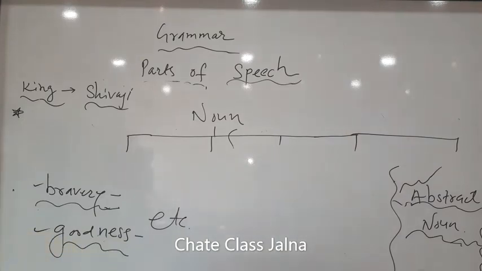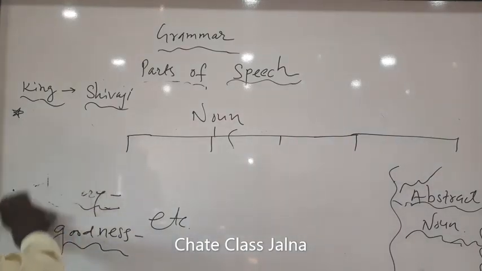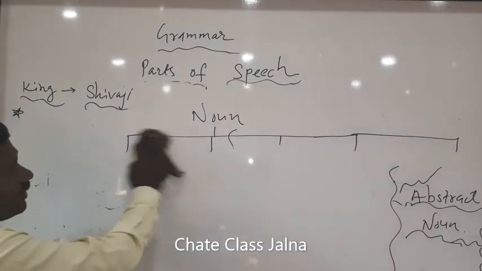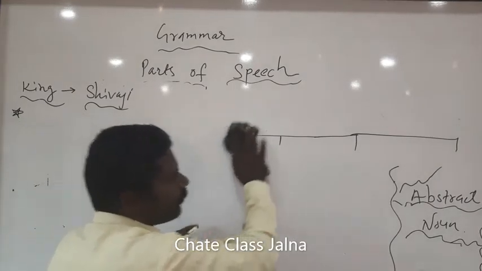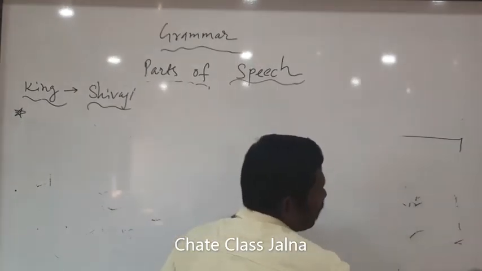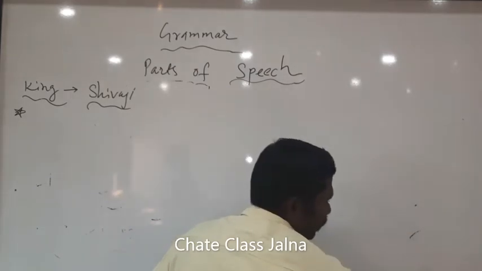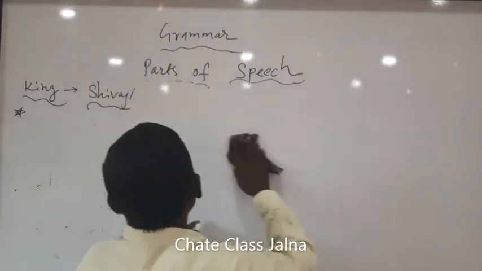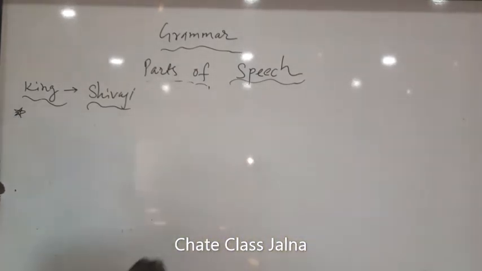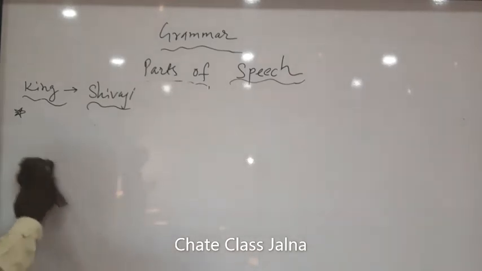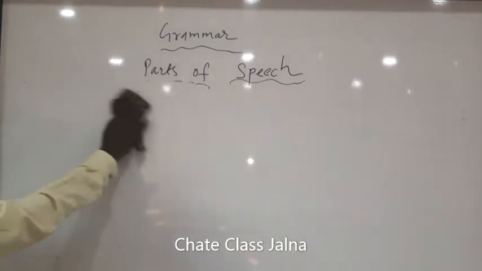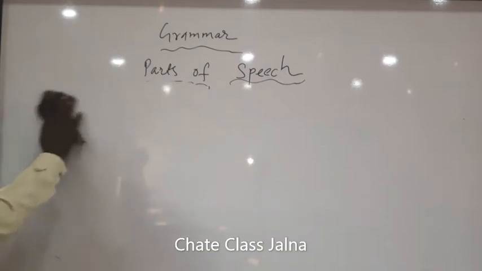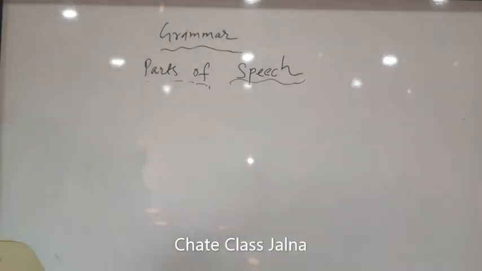So here in parts of speech, I think all of you must have learned something about all these terms we are taking here, but as the point of view is there of revising the things, we are taking it. So here the noun and its types we have already discussed.